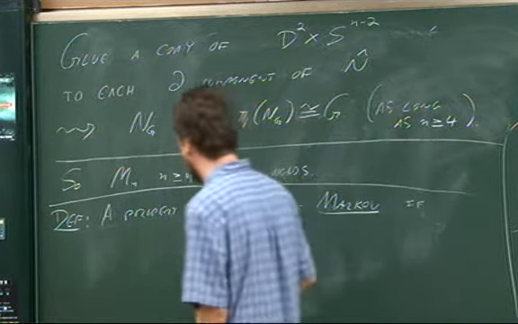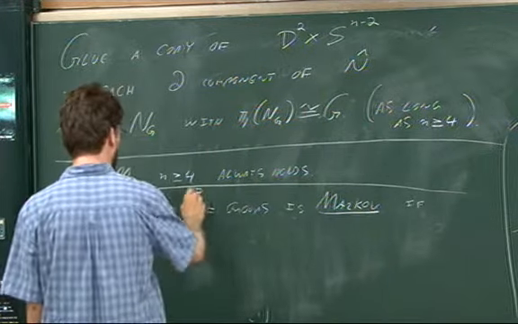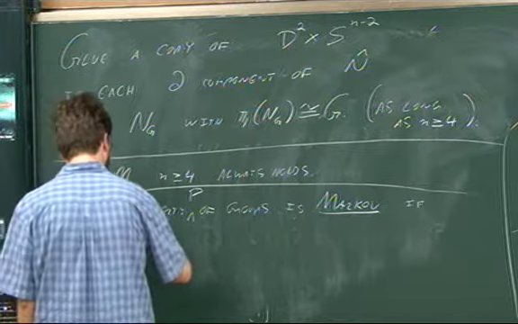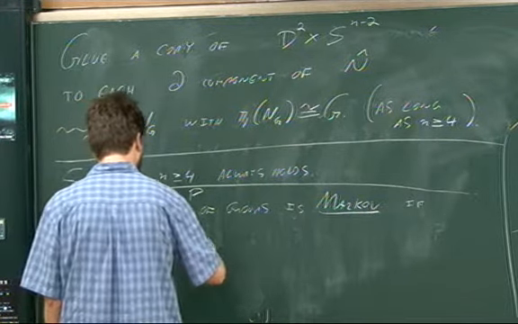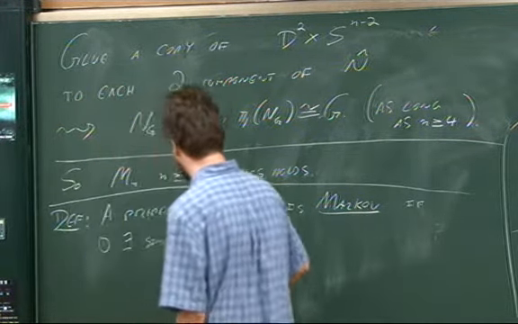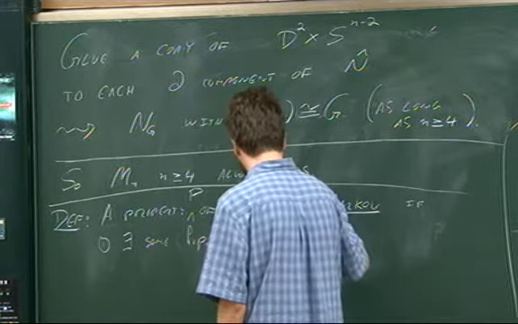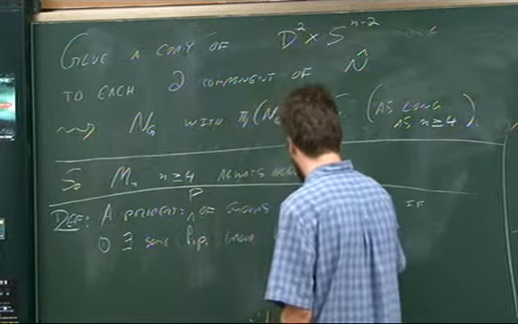A property P is Markov if two things hold. One, there exists some finitely presented group, and I'll just write FP most of the time, H plus, with the property.